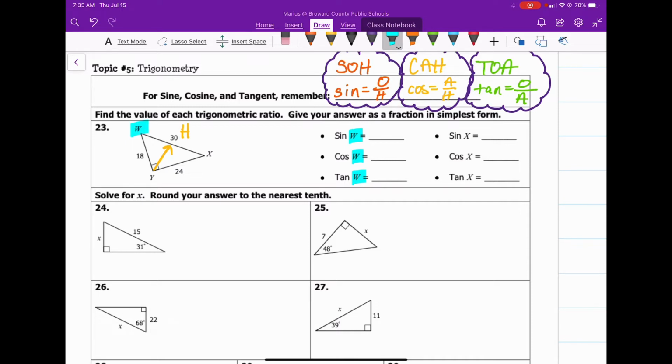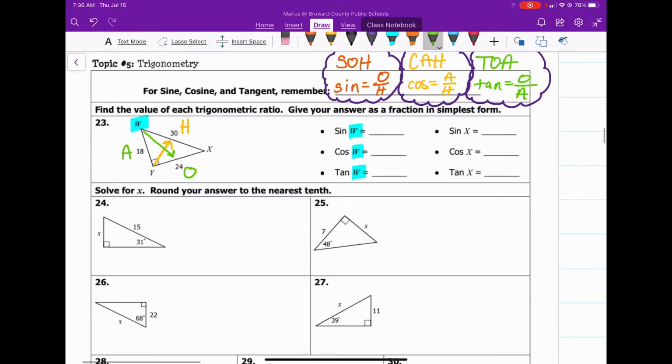I have to figure out what side is opposite of W. Well, 24 is opposite for angle W, which means 18 is the adjacent.